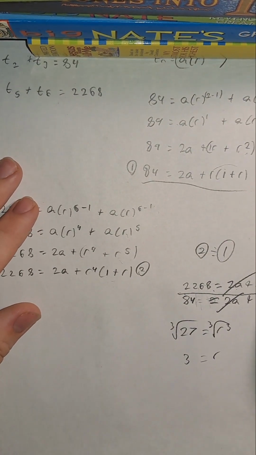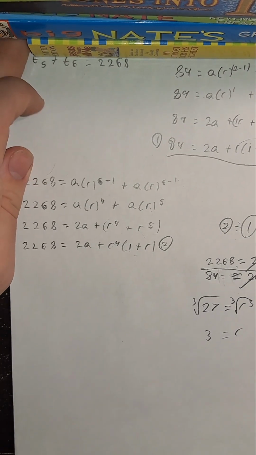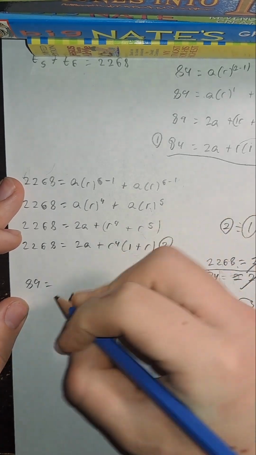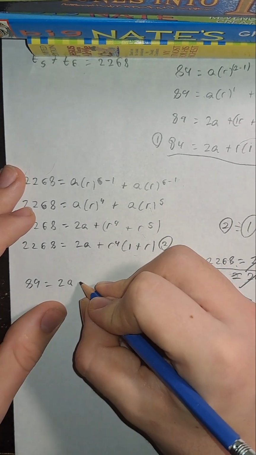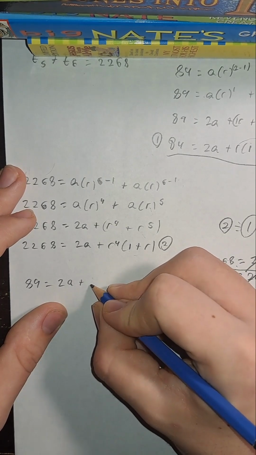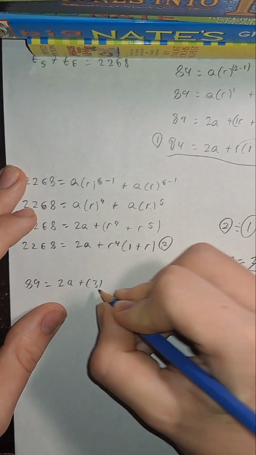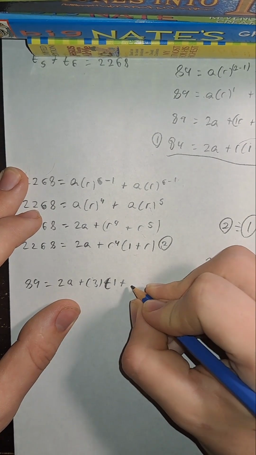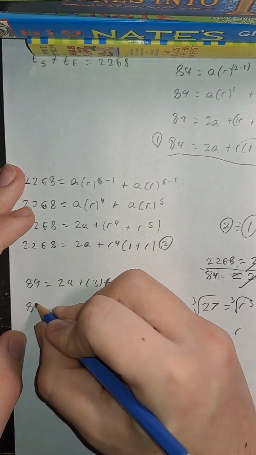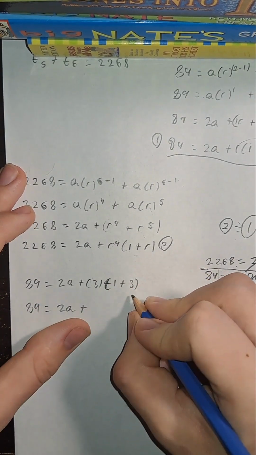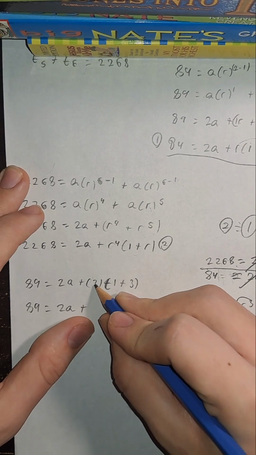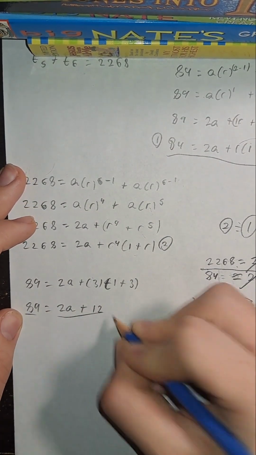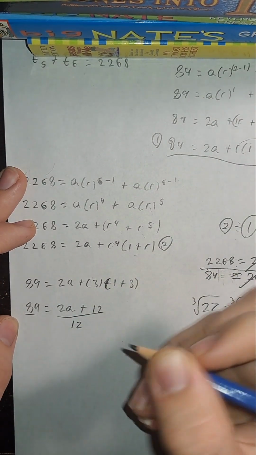Now we can go back and solve for a. Bring it back to one of our original equations. So 84 is equal to 2a plus, let's sub in the value for r, so 3, multiplied by 1 plus 3. So 84 is equal to 2a plus 3 times 4, so 12.